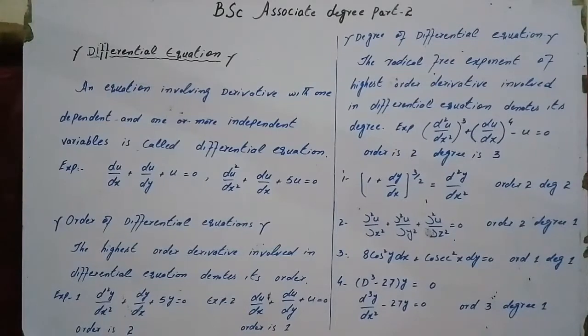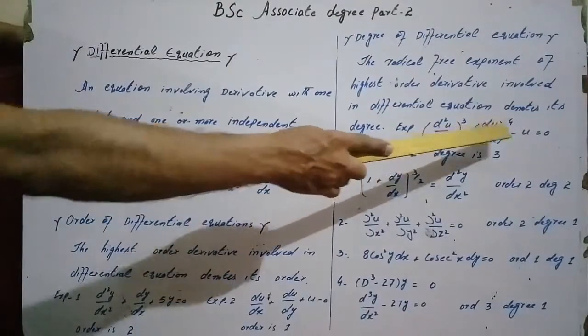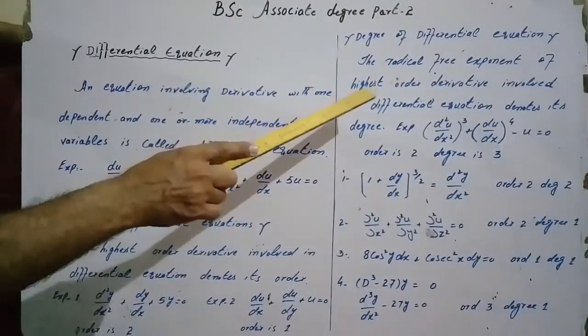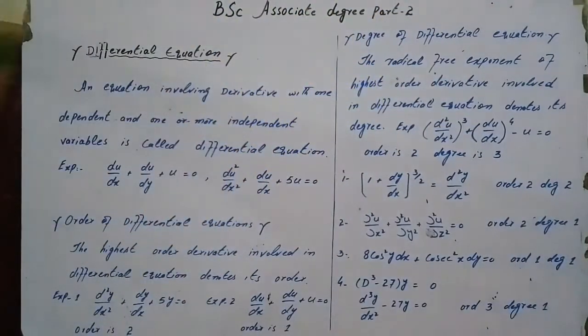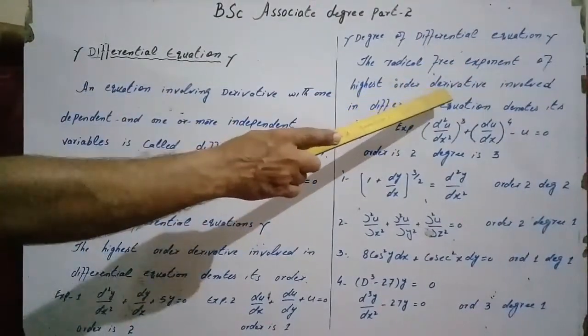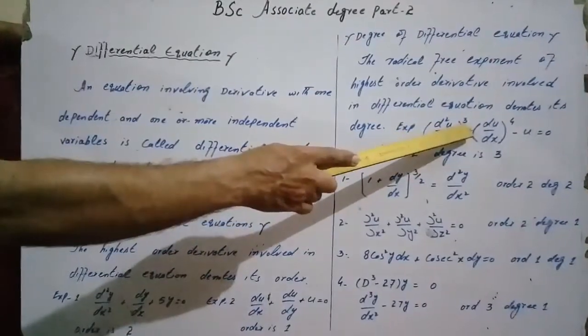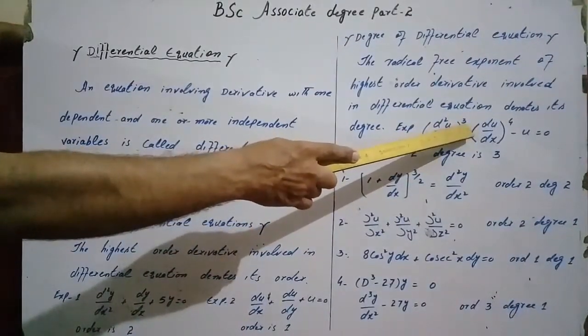Radical means the sign of square root, cube root, that is a radical designate. Here the exponent is 3, here the exponent is 4. The exponent should be a whole number, not in the form of square root, cube root, or anything else. The highest order derivative whose exponent is radical free, that will be the degree of differential equation.